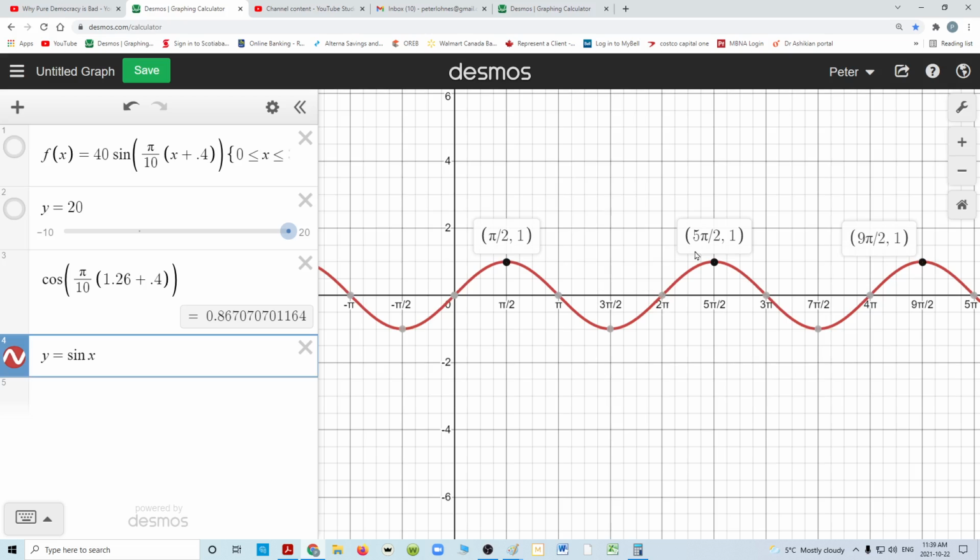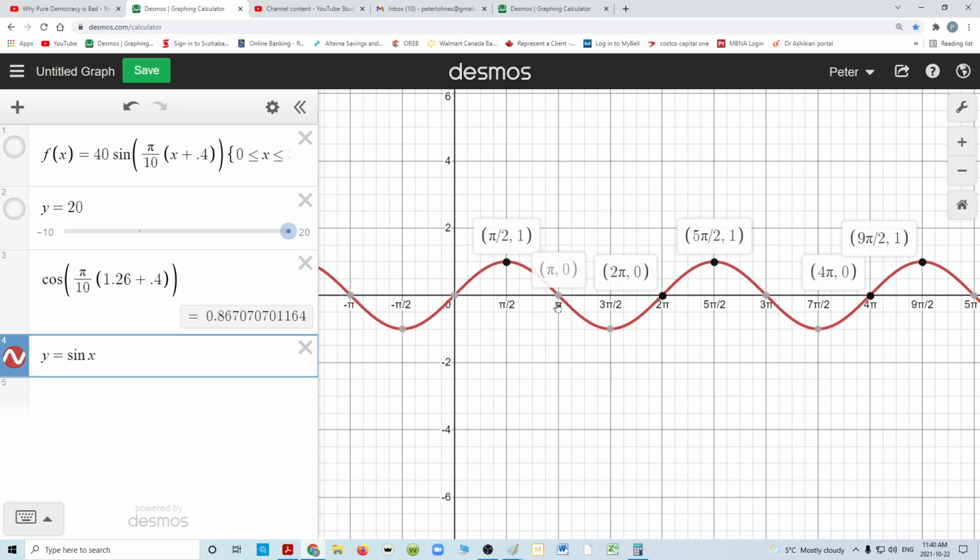Add 2 pi to that, because the period of a normal sine curve is 2 pi, that's another thing you need to know. It follows a circle. A circle's circumference, if the radius is 1, is 2 pi r. When the radius is 1, it's 2 pi. And it repeats every 2 pi.